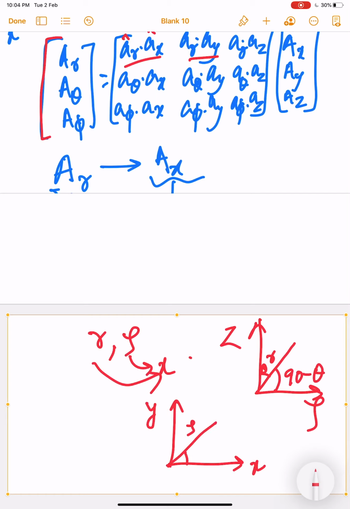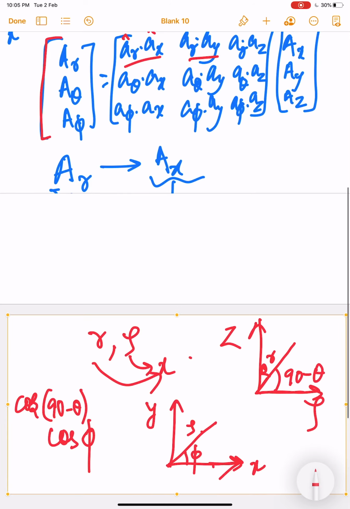This is rho, this is phi. So the angle between rho and x is phi.